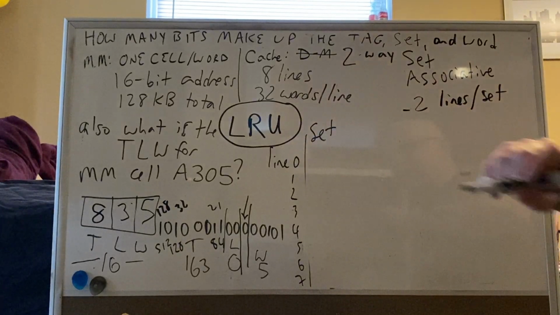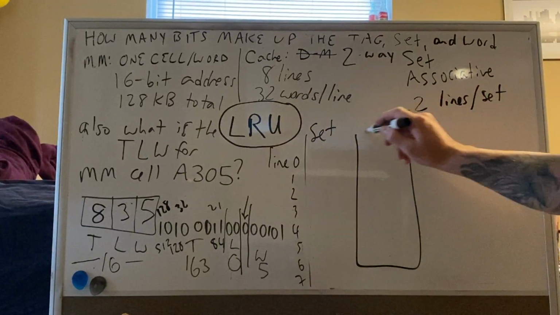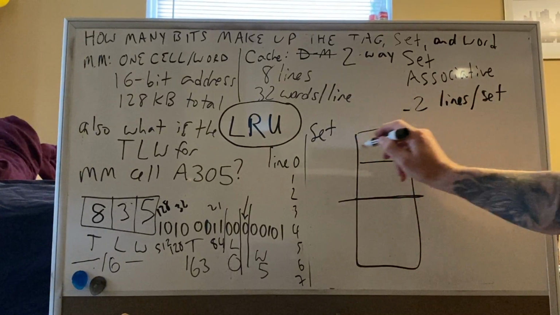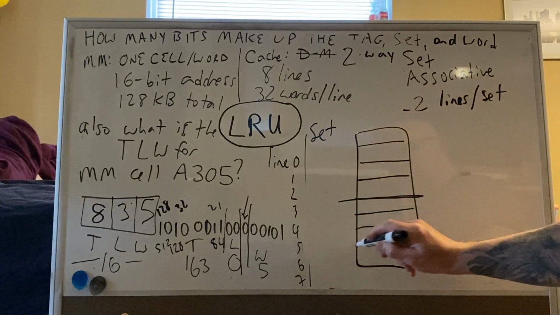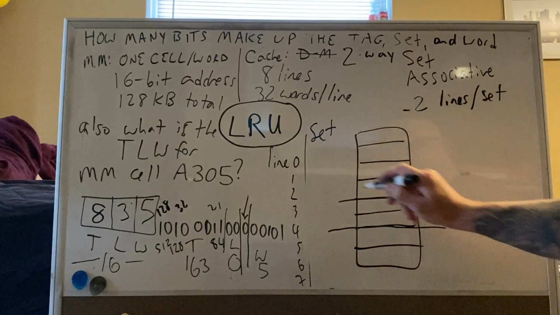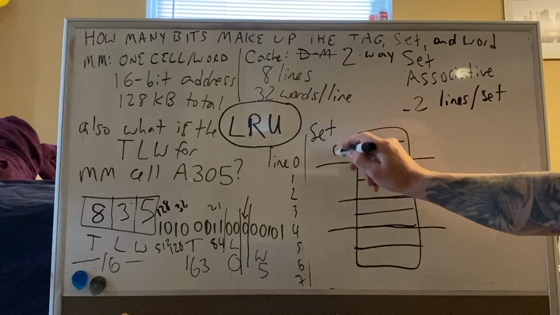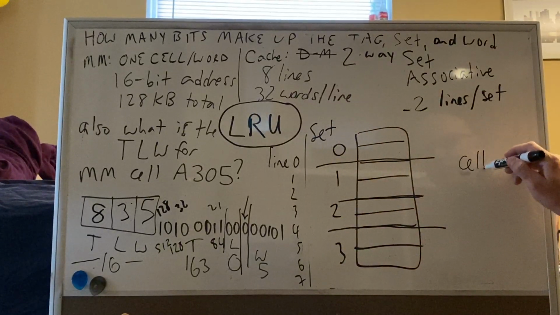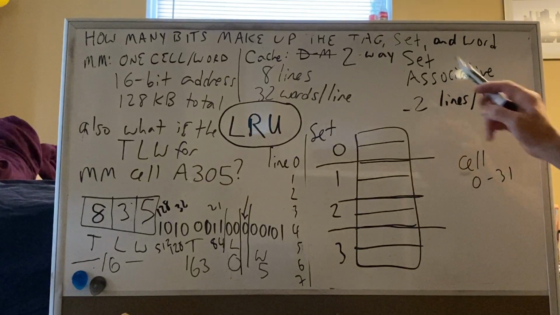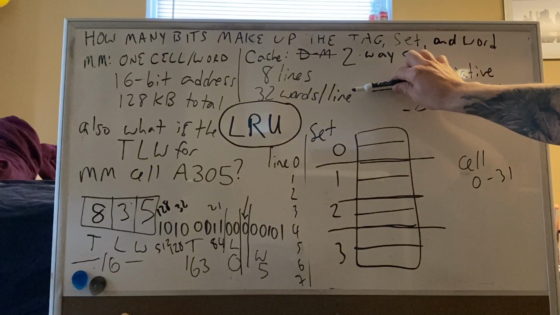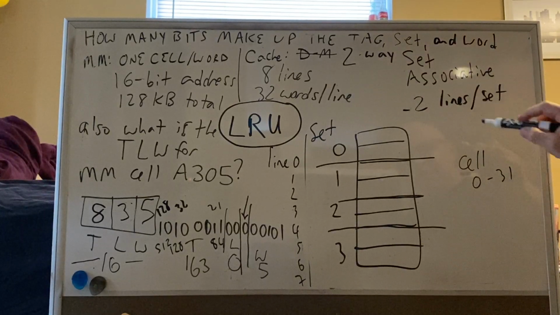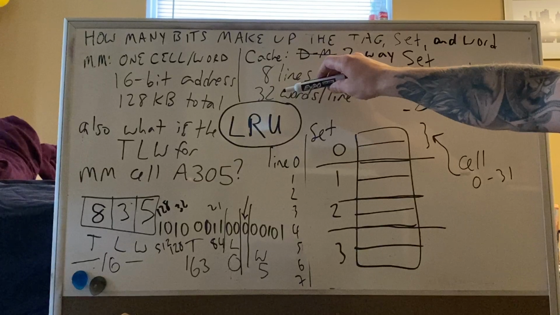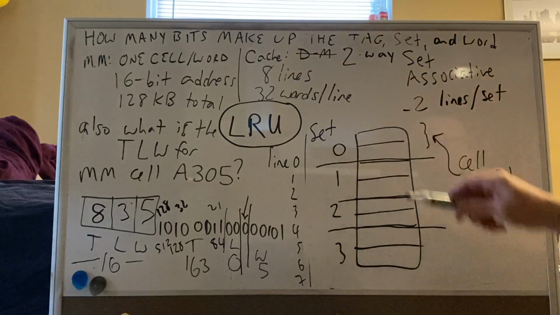Now we have this least recently used algorithm. Let's take a look. Eight lines, 2 lines per set. So what really matters is set 0, set 1, set 2, set 3. So cells 0 to 31, which make up block 0, goes somewhere in the least recently used place out of those 2 lines.